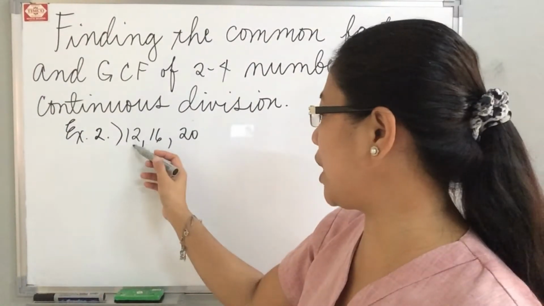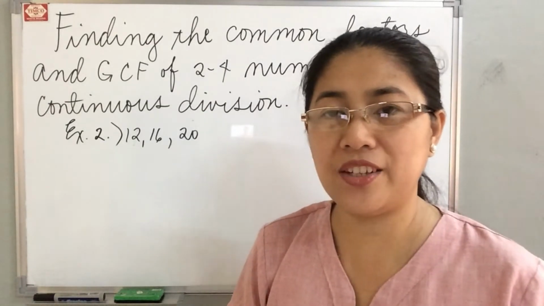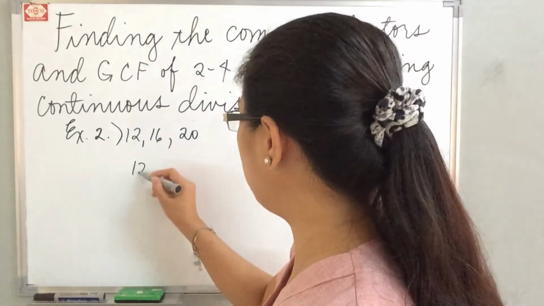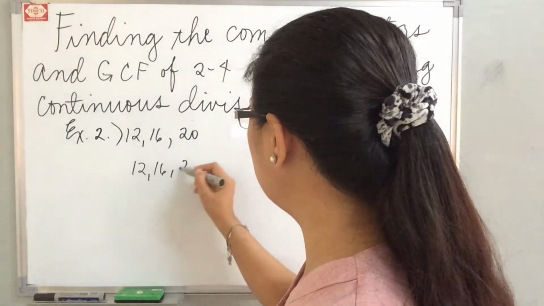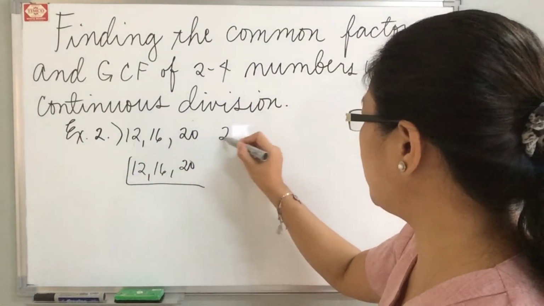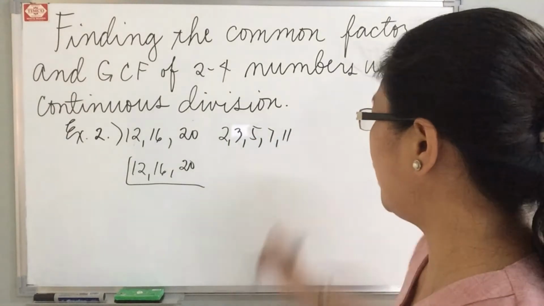We have 12, 16, and 20. So, let's get the common factors and the greatest common factor of the 3 numbers. So, list them down horizontally. And then, again, what are our prime numbers? We have 2, 3, 5, 7, and 11.